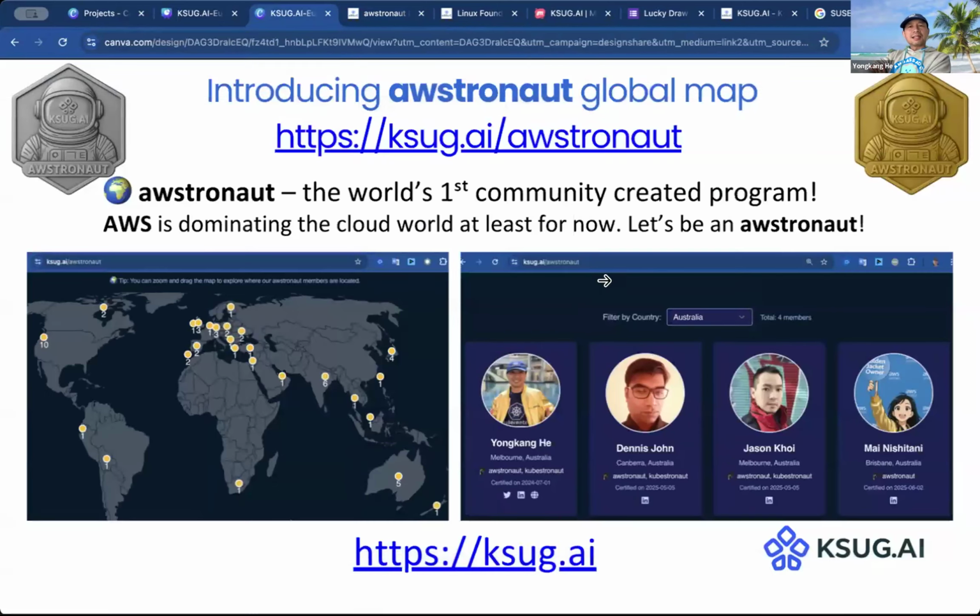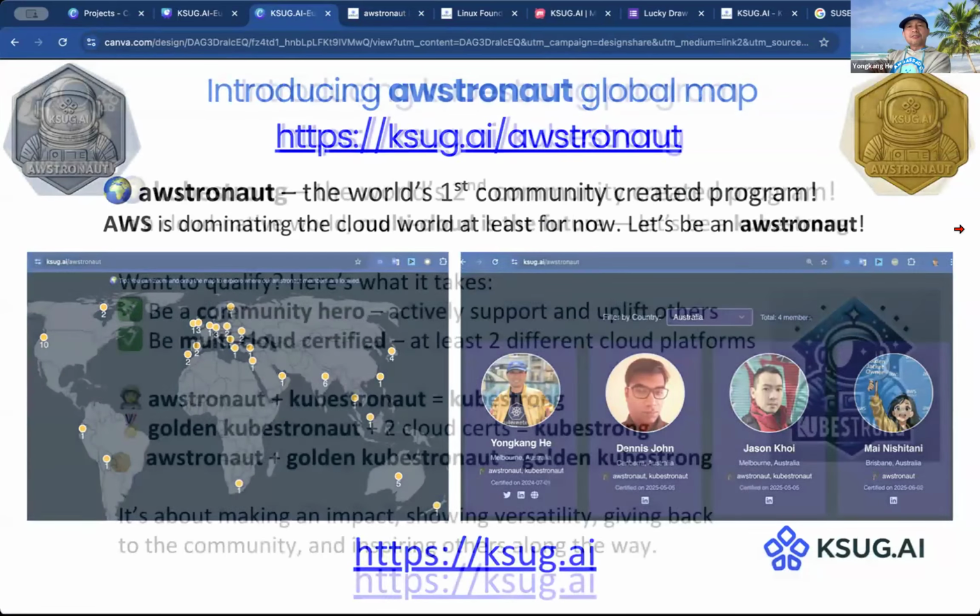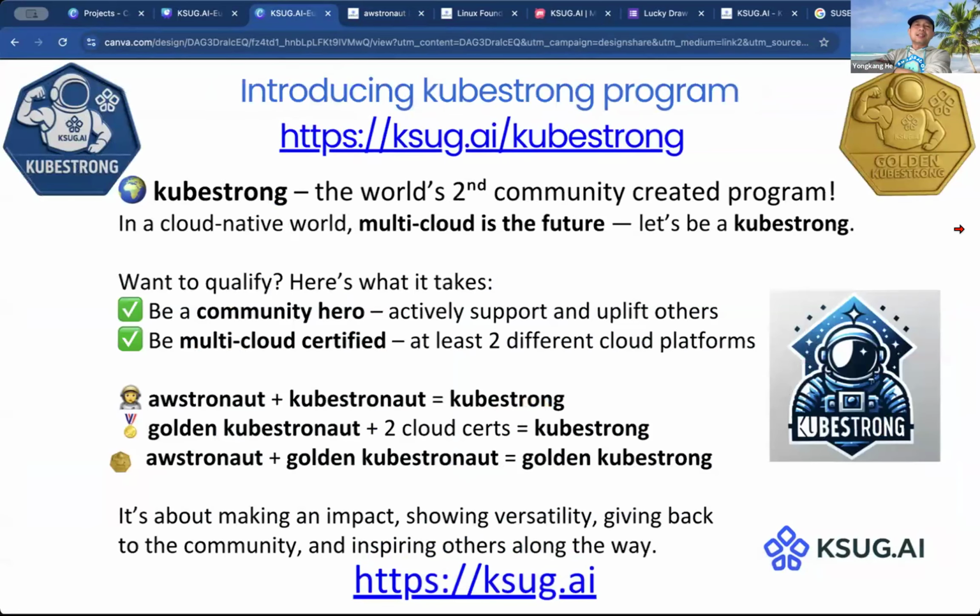Coming back to the slide. After we introduced the Astronaut program, a few months later we introduced another, even harder program. It's called CubeStrong. That's our second community-created certification program. We do see multi-cloud is the future. That's why we put together the program called CubeStrong.